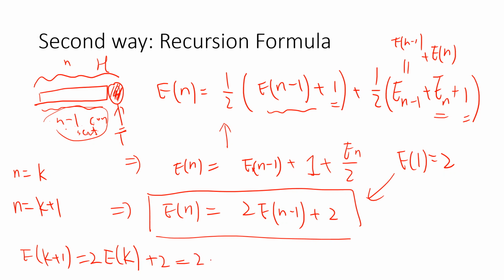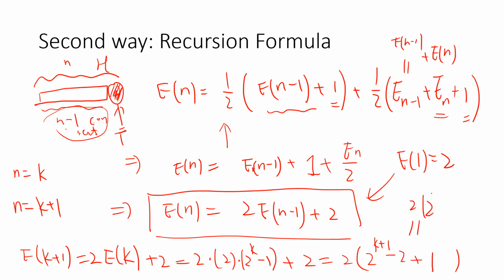This is 2 times 2 to the k minus 1 plus 2. Basically, you take a 2, so you get 2 to the k plus 1 minus 2 plus 2. So this is 2 to the k plus 1 minus 1. So this is E of k plus 1. Basically, using mathematical induction, we can prove the answer. Okay, basically that's it.